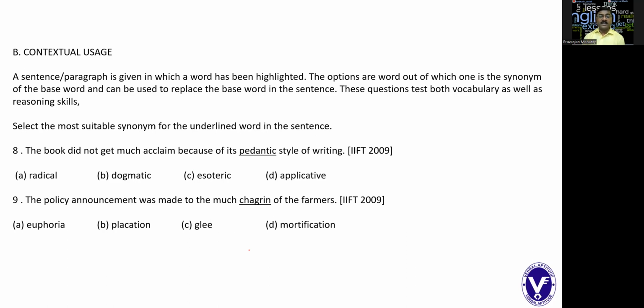So that's what is written. Let's see the question. Select the most suitable synonym for the underlined word in the sentence. Now, question number 8. The book did not get much acclaim because of its pedantic style of writing. Now, here pedantic means written in a lot of details.